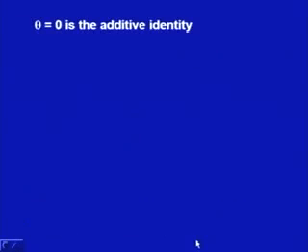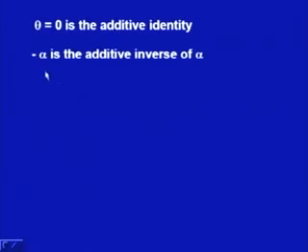In fact, the proof is done, but still we can say that theta is equal to 0 is the additive identity, absolutely no problem. But minus alpha is the additive inverse of alpha, that's true, but minus alpha will not belong to V. So for a given alpha, the additive inverse will not exist.